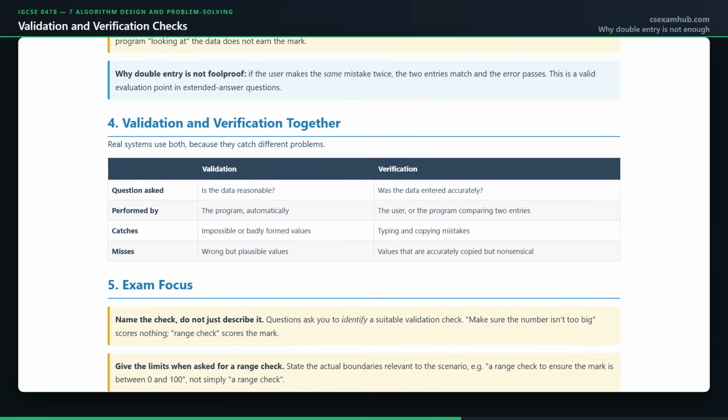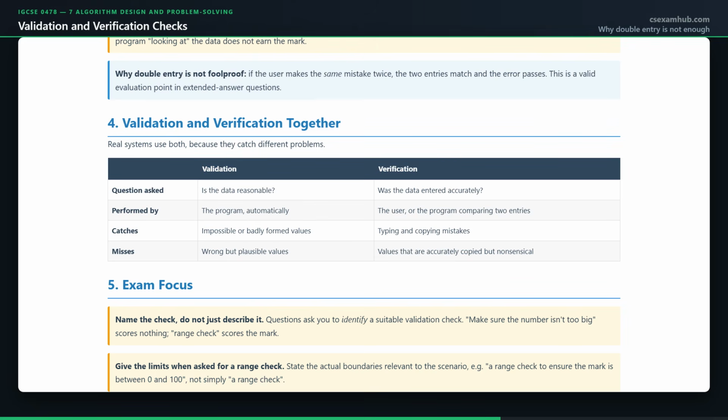But double entry is not foolproof, and knowing why shows real understanding. If the person makes the same mistake twice, the 2 entries match perfectly and the system reports no problem at all, and that is not unlikely. If someone has misread a 7 as a 1 on the source document, they will misread it identically the second time because the cause of the error is upstream of the typing.